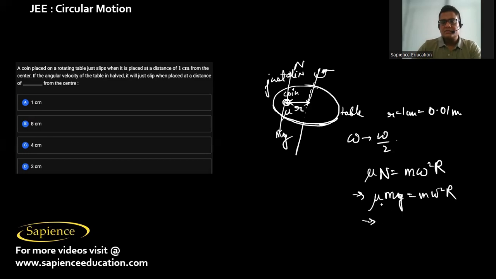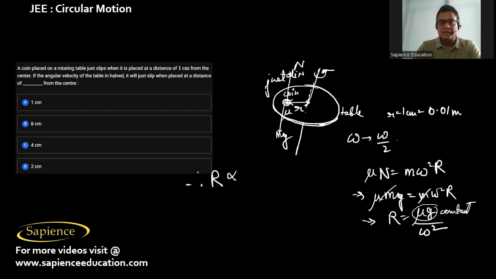Therefore r will be equal to, m will cancel, mu g by omega square. So it means now mu and g will be constant. This part will be constant. So therefore I can say the radius, means the distance from the center at which the coin will just slip, is inversely proportional to omega square.